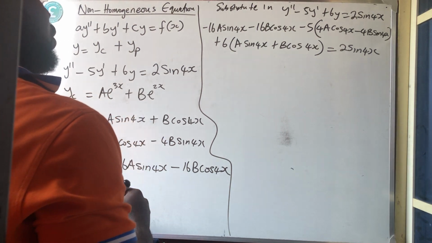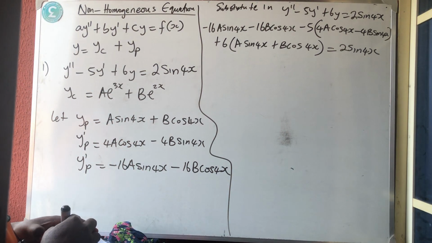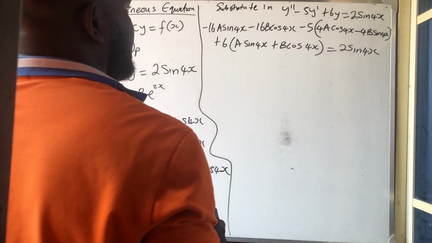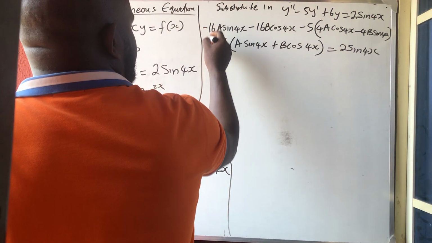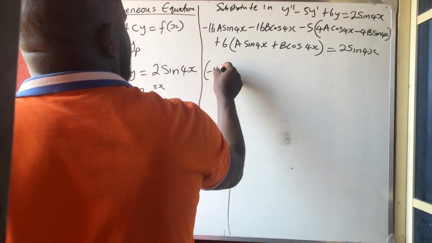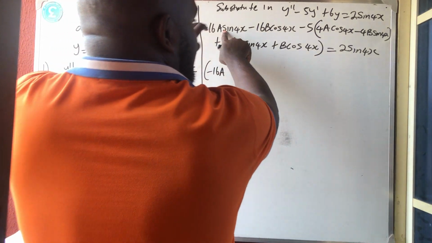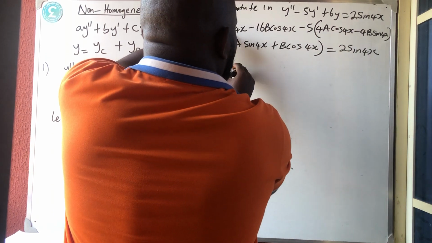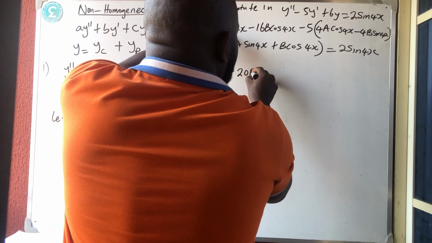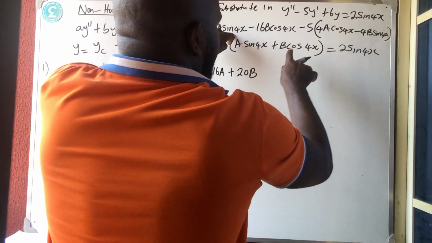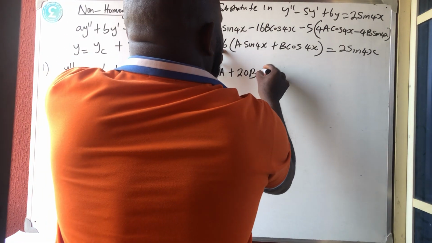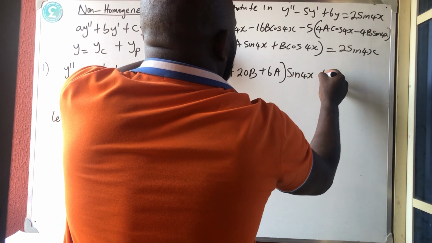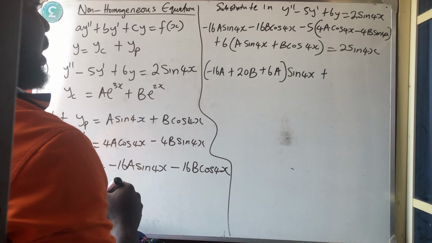Okay, so let us open the bracket to bring all the sines together. Look at it, all the sine terms: minus 16a here; sine here will give you minus 5 times this, which gives plus 20b; and again another sine term, plus 6a. Everybody is having sine 4x. Plus, let's bring all the cos together.